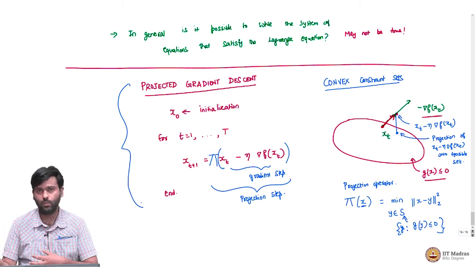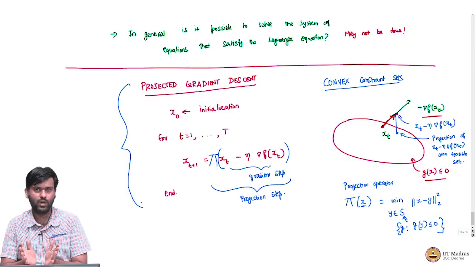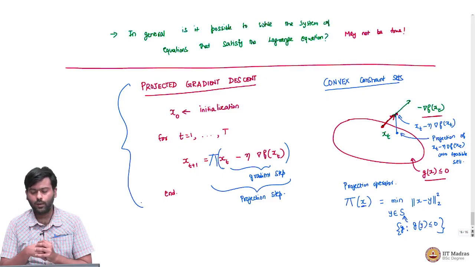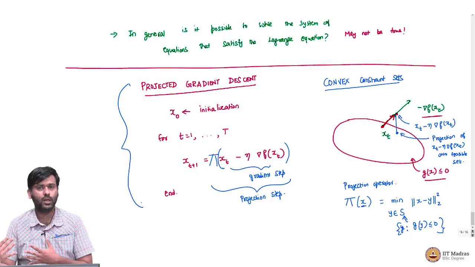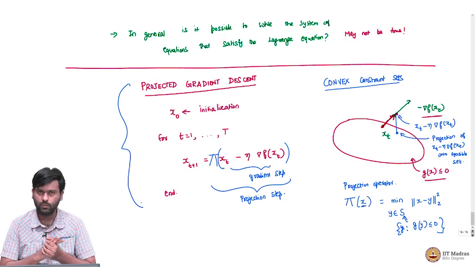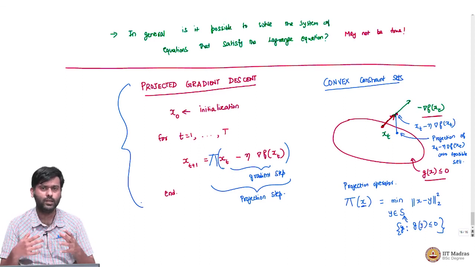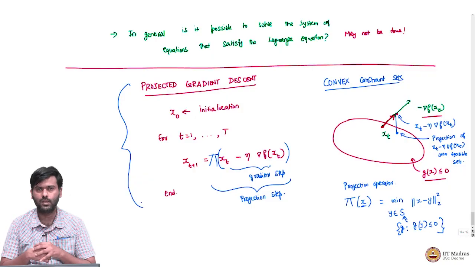In some cases you may not be able to solve it, and so we want a general purpose iterative algorithm, and it turns out that when you have nice functions and nice constraint sets, the projected gradient descent algorithm works wonders. We will see that in a lot of machine learning applications, your functions are typically nice, your sets are typically nice. When I say nice, it means that they are convex, and so these projected gradient type algorithms typically tend to work well. We'll talk more about convexity and how it is related to machine learning in the coming classes. Thank you.